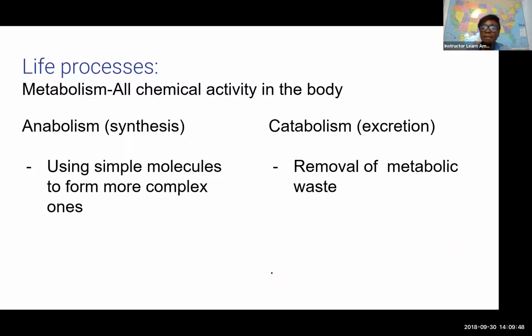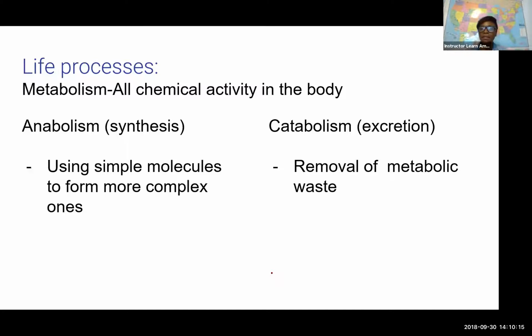Next, metabolism. Metabolism referred to all the chemical activity that's occurring in that organism. So we're referring to all the cellular process. We're going to see enzymes involved in this process. Anything that's related to chemical process taking place in the body. And so we see that there's an anabolic and catabolic processes that take place.